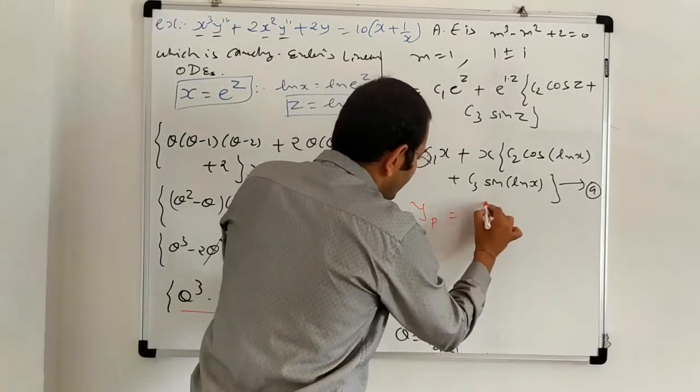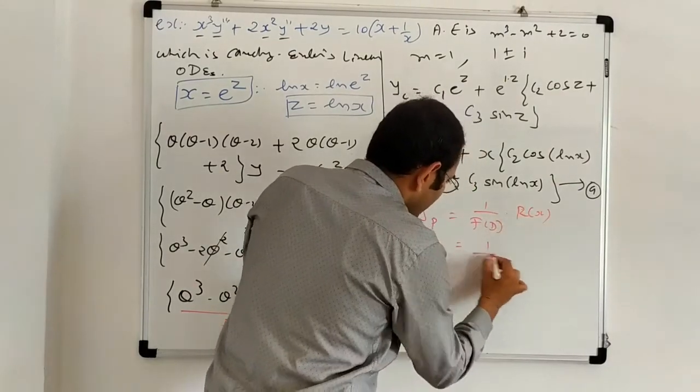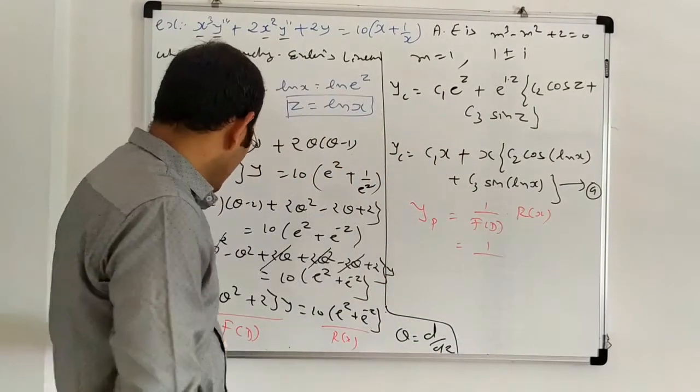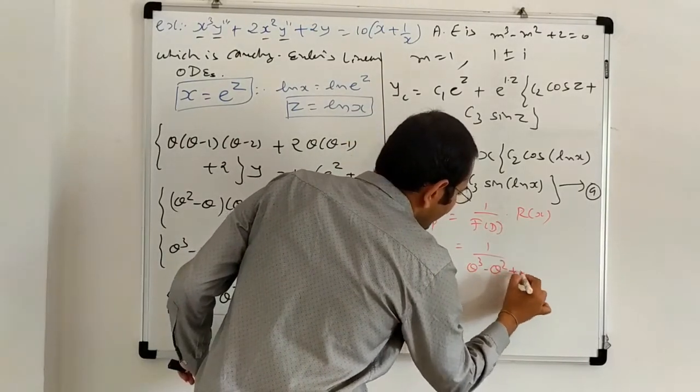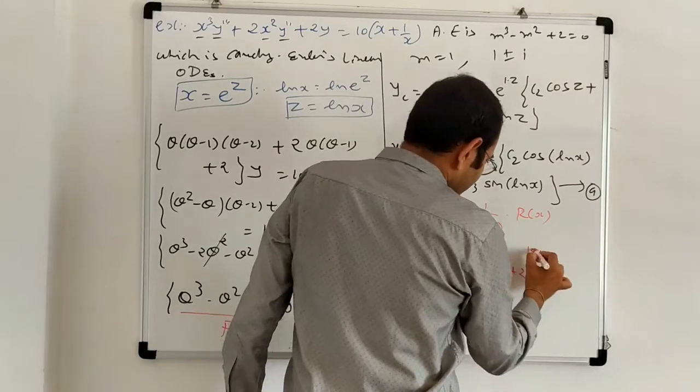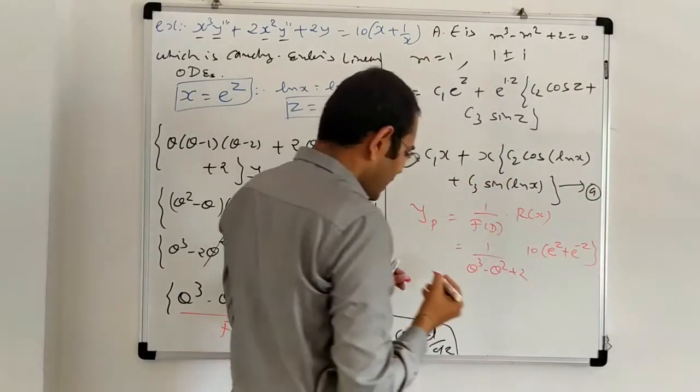Our formula is 1 upon f of D into r of x. In this method we use all these shortcut cases, which depend on r of x, case 1 to 5. Clear?